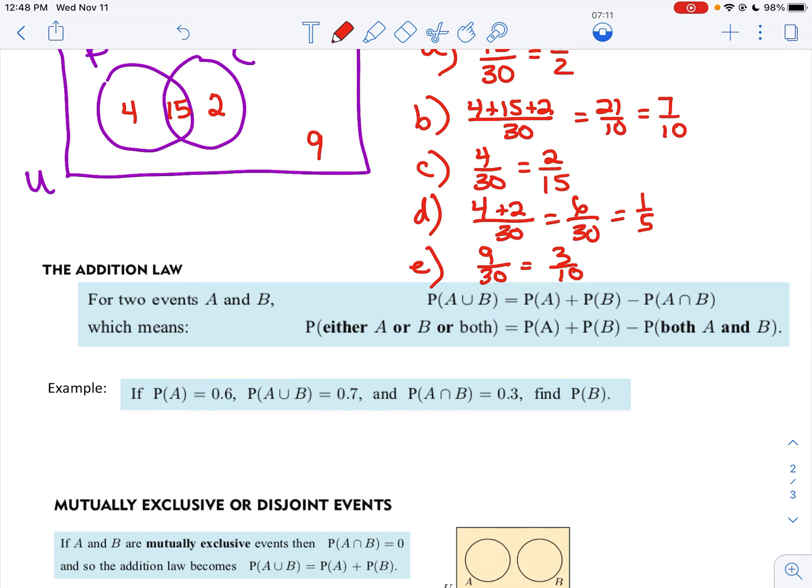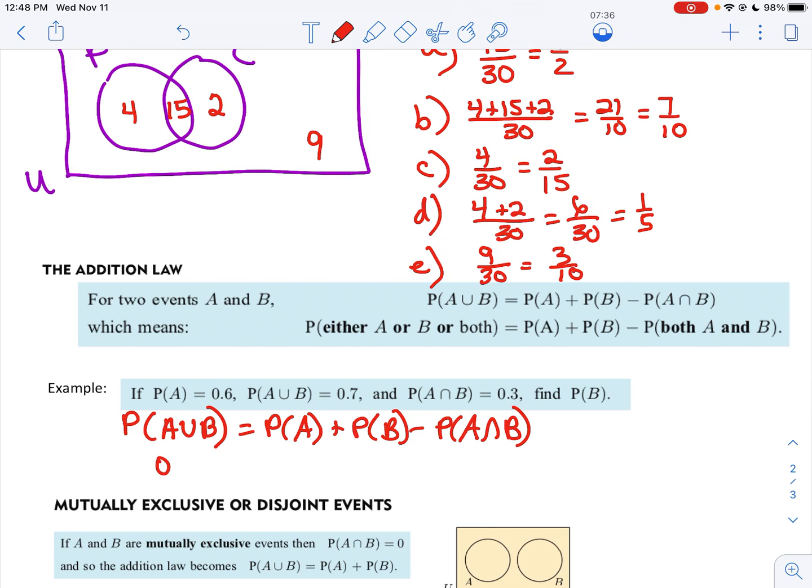If the probability of A is 0.6 and the probability of A union B is 0.7 and the probability of A intersect B is 0.3, find the probability of B. So I'm going to start with this addition law, and I'm going to plug in what I know. So the union is 0.7, probability of A is 0.6.